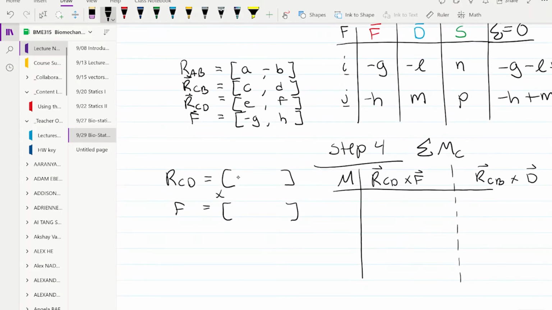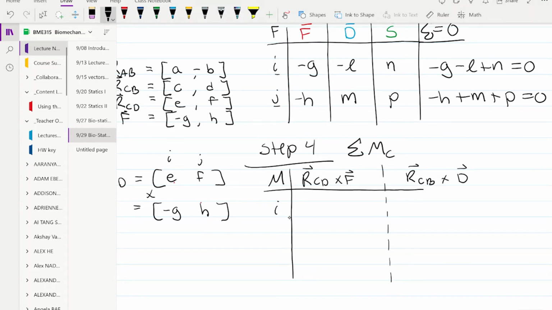RCD is EF, and F is negative GH. So what is this? This is EH. We went from I to J, because this is this table I, J. We went from I to J, we get positive K.